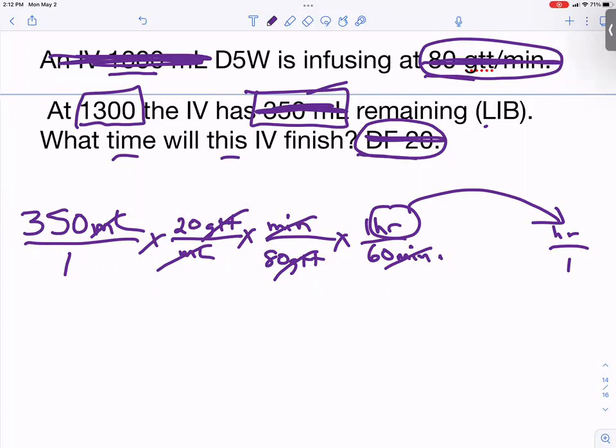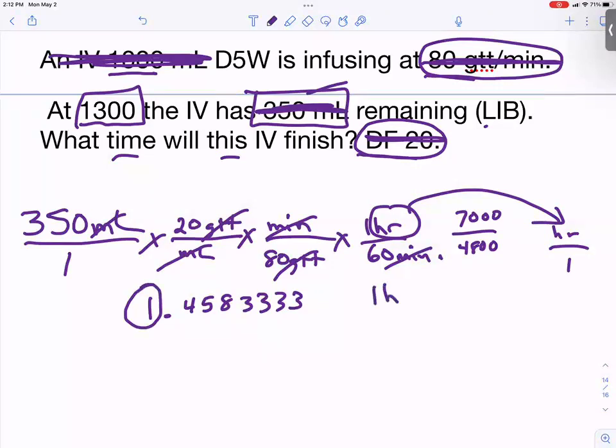So now I have to solve, multiplying the top. 350 times 20 is 7,000. And 80 times 60 is 4,800. When I divide 4,800 into 7,000, it gives me 1.45833333. Remember, anything before the decimal represents hours, so that's 1 hour.